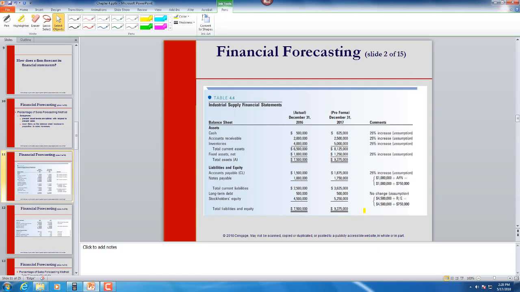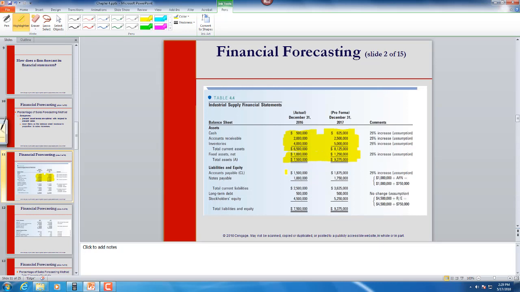So for example, this is a way to do it. If you look at this, the company starts off with 500,000 in sales. They expect a 25% increase here. So you see everything else, accounts receivable, inventories, they expect the entire balance sheet going up like that. See that? Everything's going up 25%.